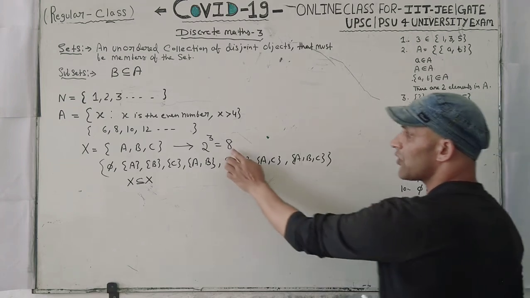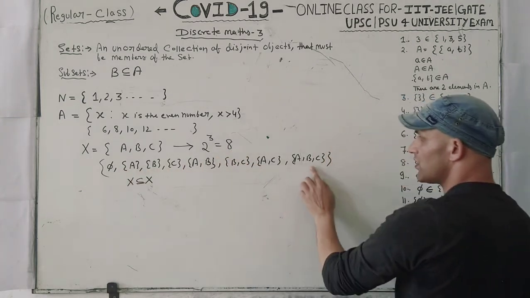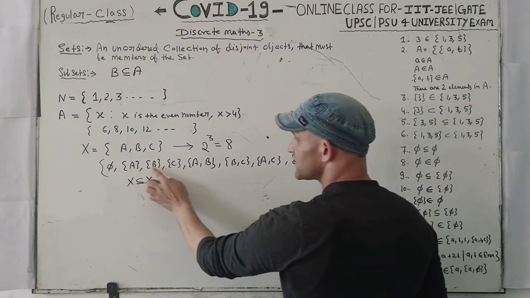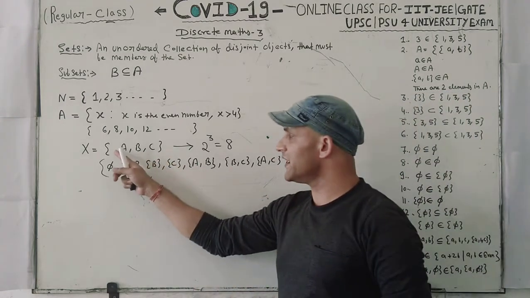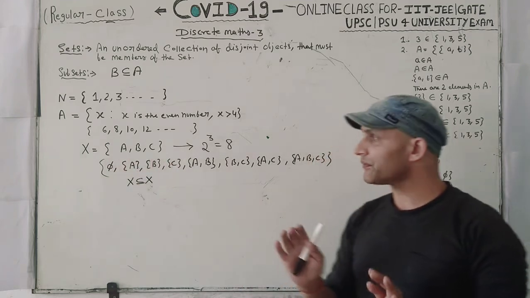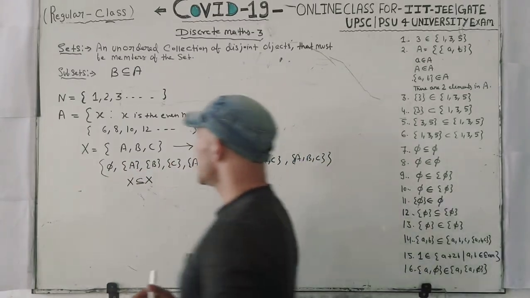So there are a total of 8 subsets: 1, 2, 3, 4, 5, 6, 7, 8.